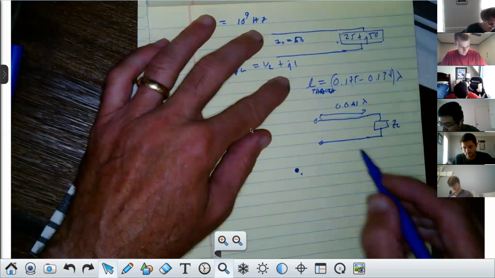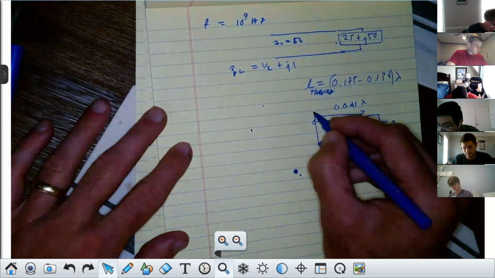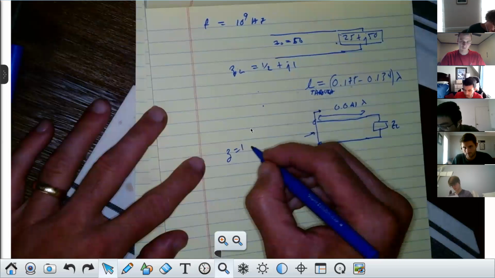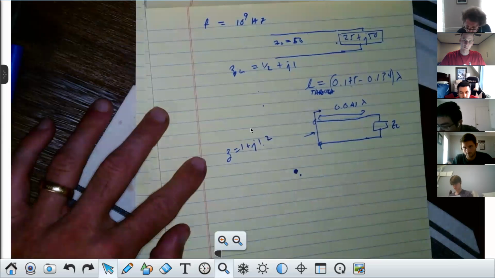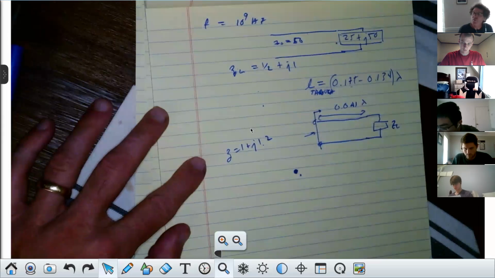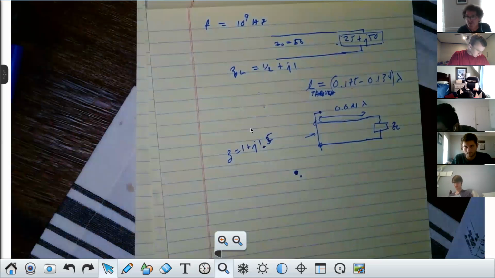Now, at this point right here, my input impedance is Z equals 1 plus j 1.5, my bad. Do you all agree with that, class? Right? Everybody see that okay? Trying to read it.